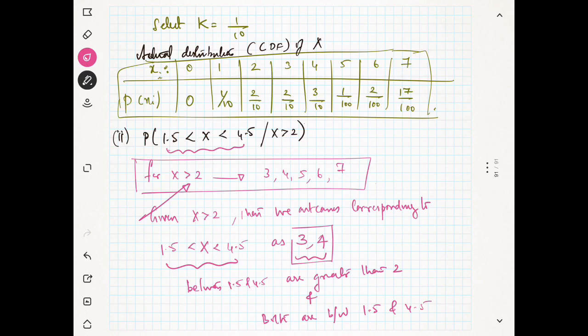So what is the probability according to this? What is the formula for conditional probability? You know that the probability of A given B is nothing but the probability of A intersection B divided by the probability of B, right?